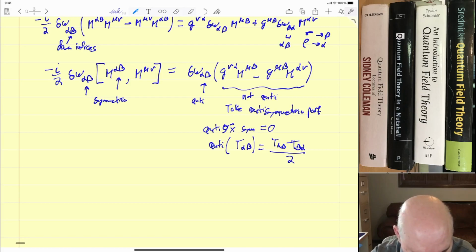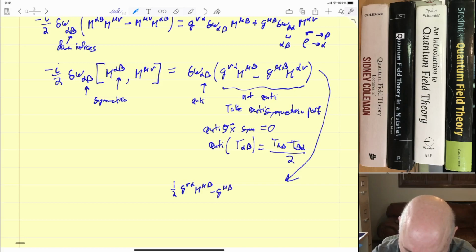I'm going to rewrite this, going all the way down here, as 1/2 (G nu alpha M mu beta minus G mu beta M alpha nu).